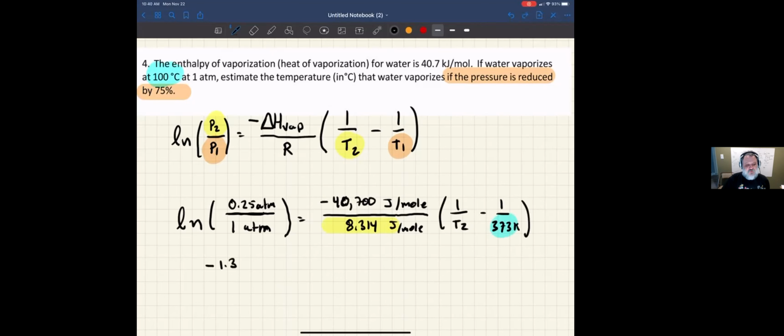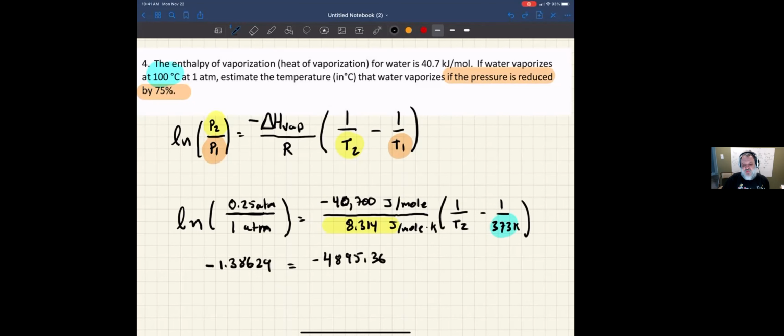So the natural log of that ratio, 0.25, is negative 1.38629. 40,700 divided by 8.314 is 4,895.36. There's my Kelvin.